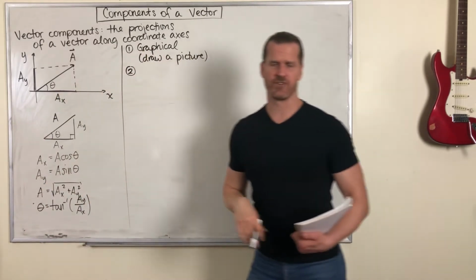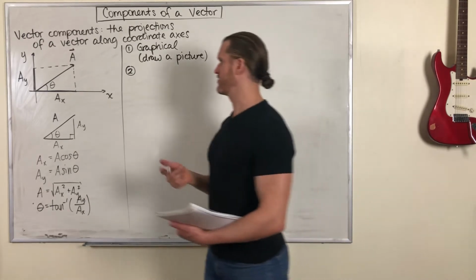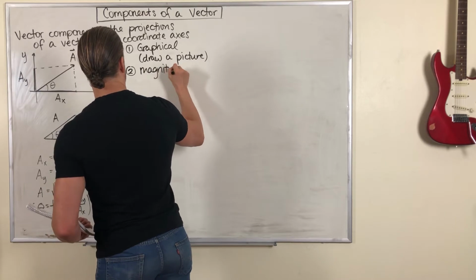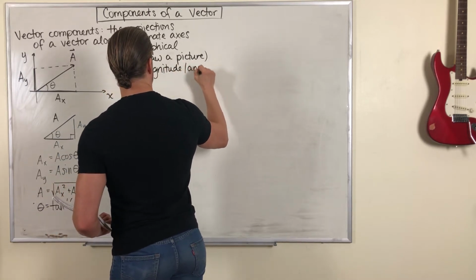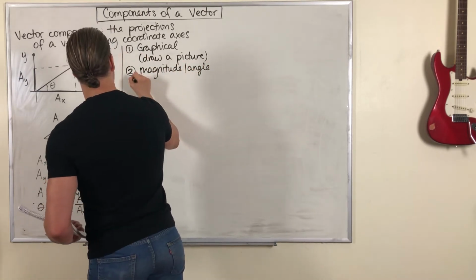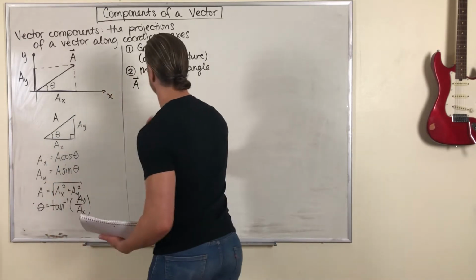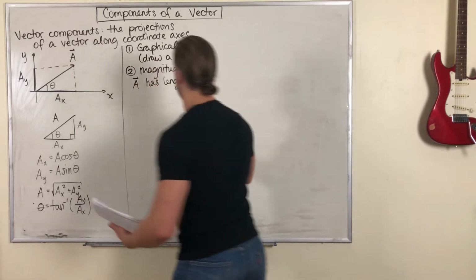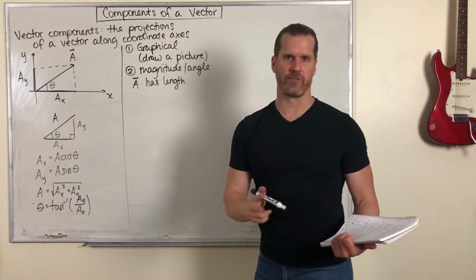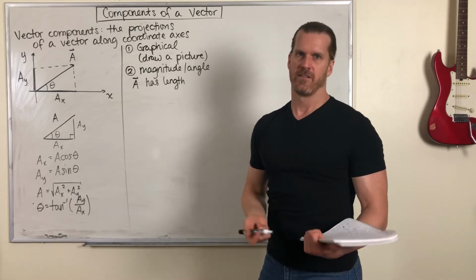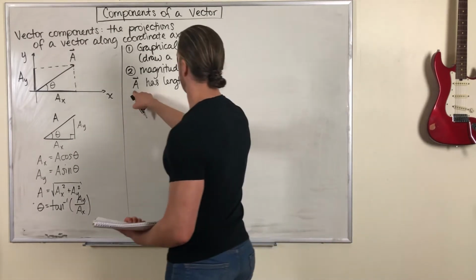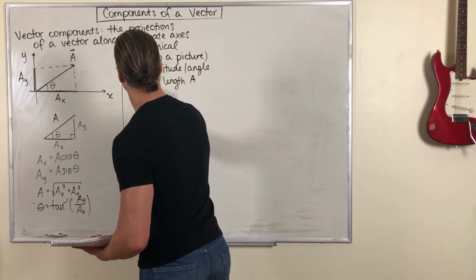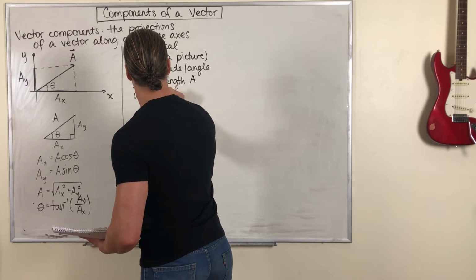The second representation is the magnitude angle representation, where you specify vector A as having a magnitude or length. I use those two words interchangeably, magnitude and length. They mean the same thing. So vector A has length or magnitude A and an angle theta.